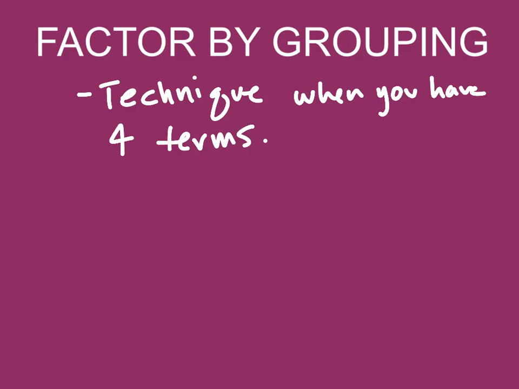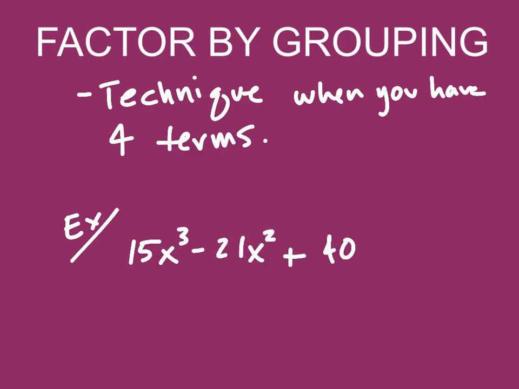Let's start off with our first example: 15x cubed minus 21x squared plus 40x minus 56.